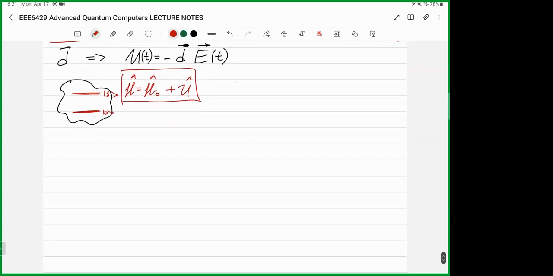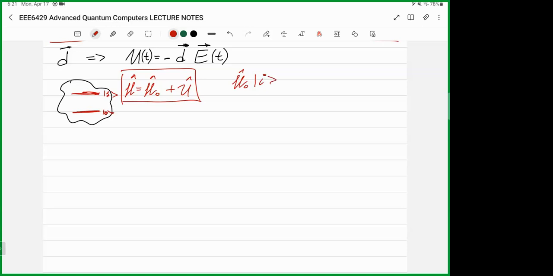The intrinsic Hamiltonian, by definition, is given by the equation for the eigenstates and eigenvalues. So states 0 and 1 are eigenstates of this intrinsic Hamiltonian.